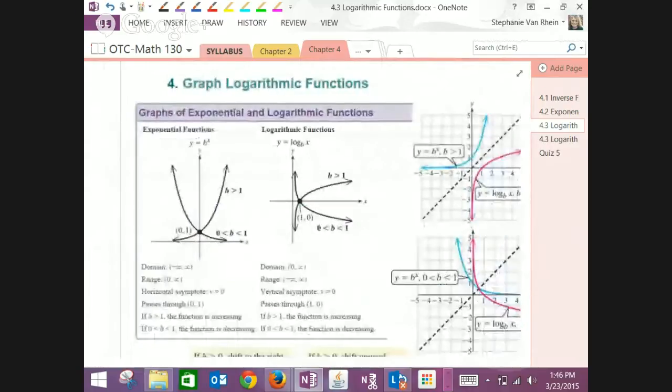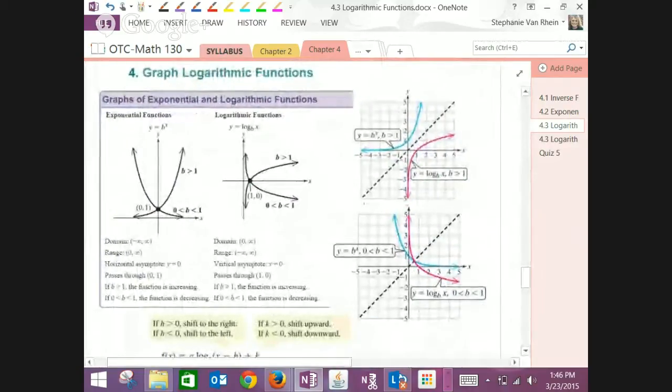So let's look at real quick, the last 5 minutes, graphing logarithmic functions. Again, it's going to be like graphing exponential functions. There's really going to be one interesting point. And it's either going to increase or decrease.